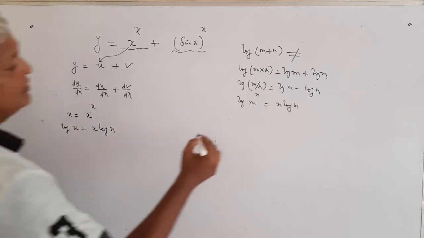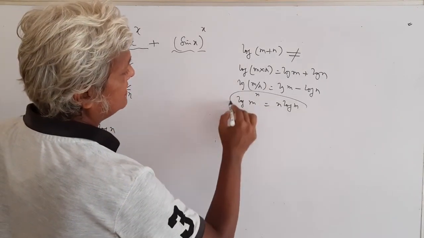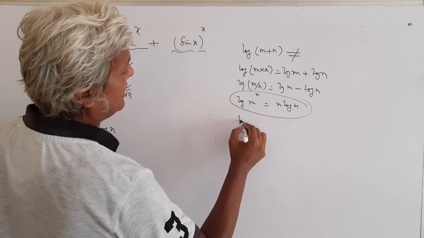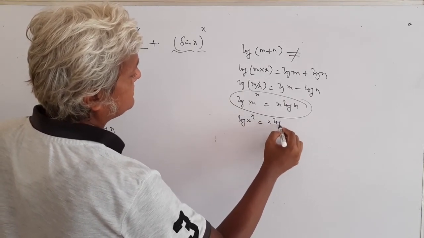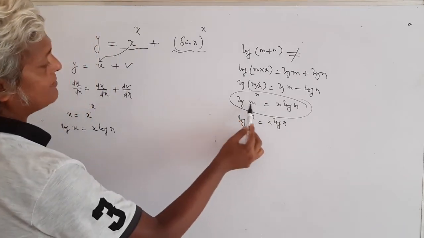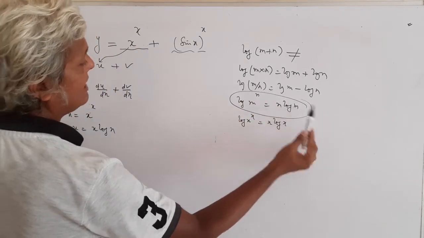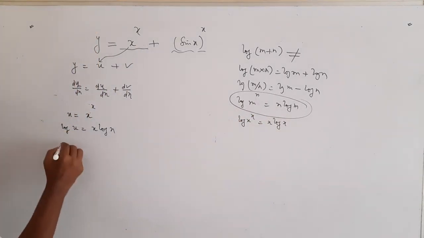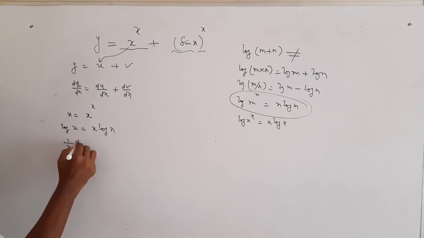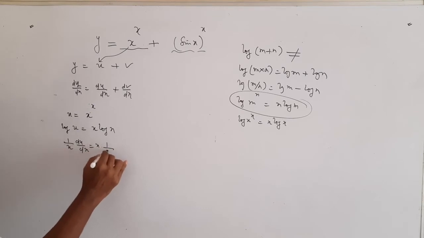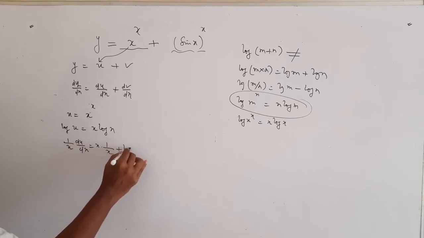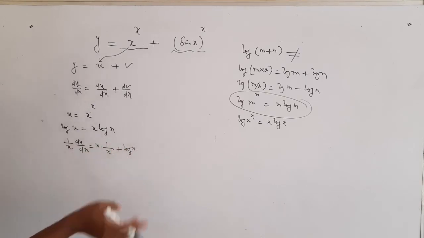By how? The formula goes like this: log x to the power x is x log x, because log m to the power n is n log m. So differentiating, 1 by u du over dx: keep x constant, differentiation of log x is 1 by x, plus differentiation of x is 1, keeping log x as constant.